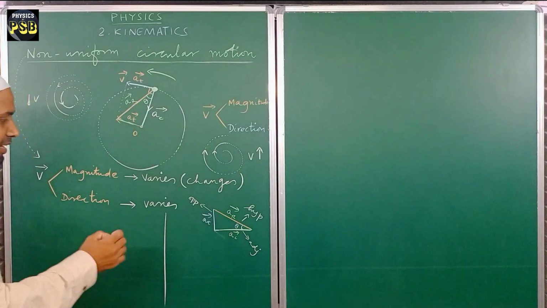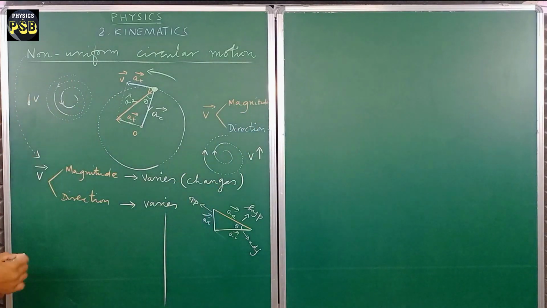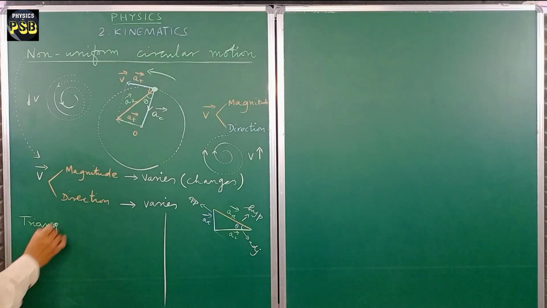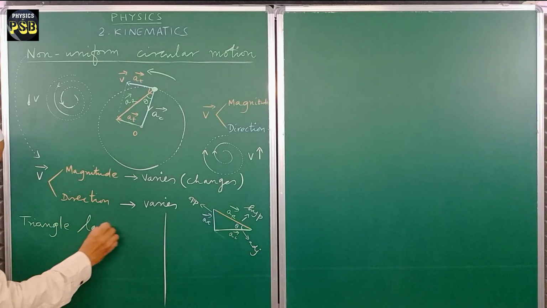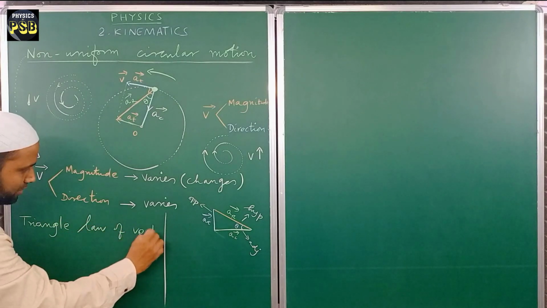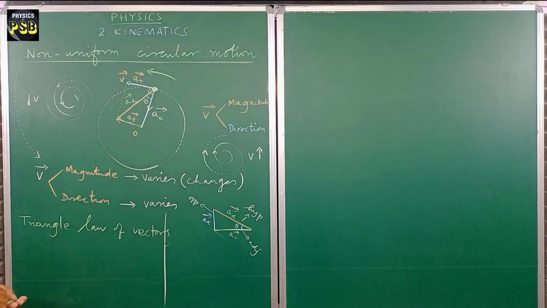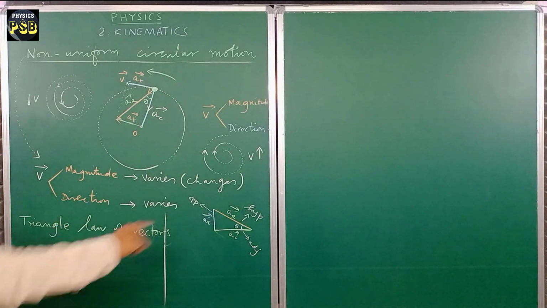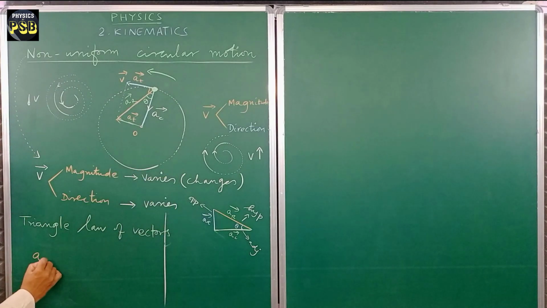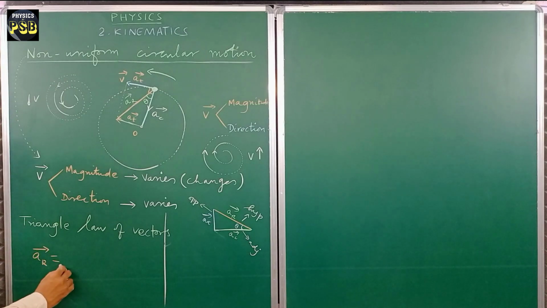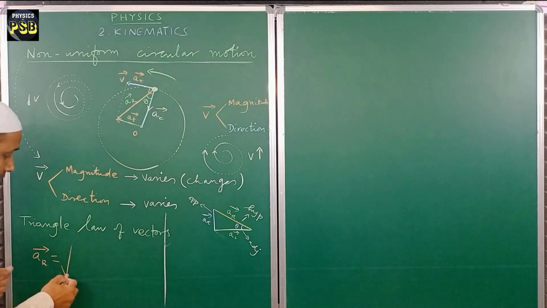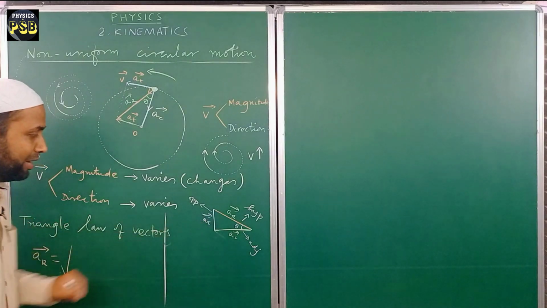see here I apply the triangle law of vectors. So what I'll get if I use the triangle law of vectors, I'll get the resultant vector, that is AR vector, and is found to be root of the square of remaining sides.